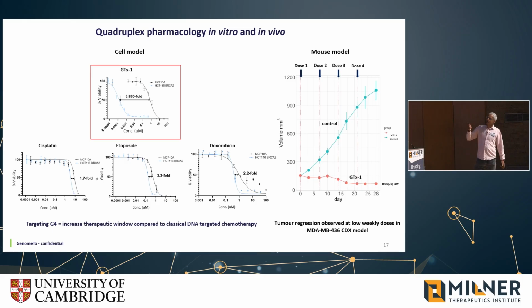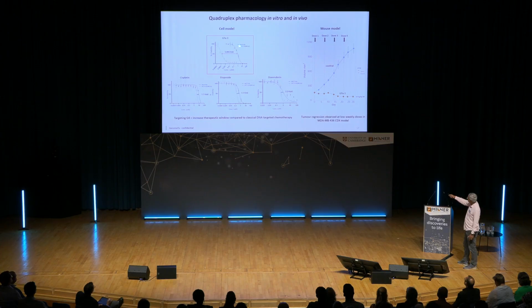Now, the company has advanced preclinical compounds, and here's just a sample of data. This is cell model data. This is HCT116, where we've taken out the BRCA2 gene, both alleles, and MCF10A, and this is one of our advanced compounds. And this is the therapeutic window. This is the cell killing of cells with that genetic background versus wild type.